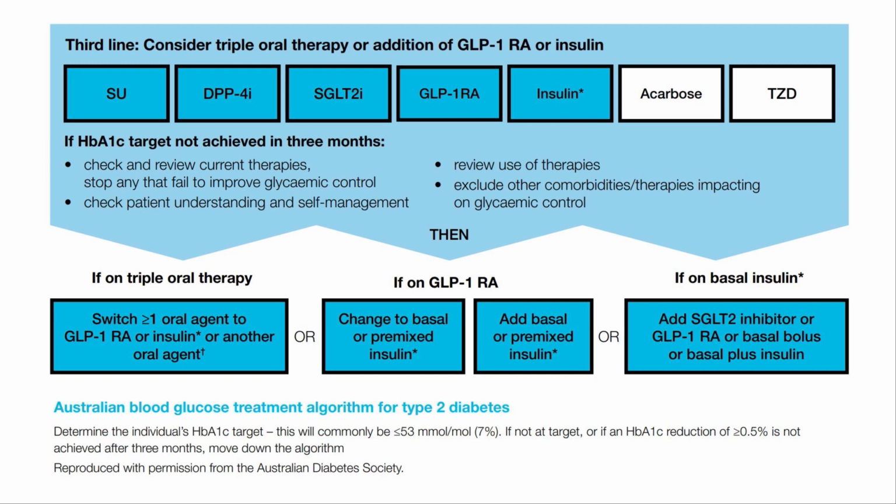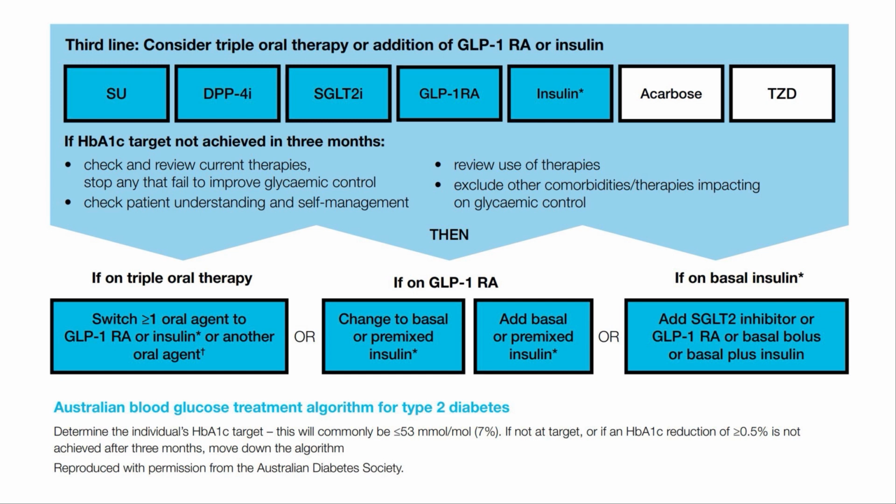If you're on these 3 drugs and now things still aren't working, you go to this final line of change one of the agents to be a GLP-1 receptor agonist or insulin, or another oral agent. And if you're already on a GLP-1 receptor agonist and it's not working for you, so that was one of your third line choices, you can change it to insulin.